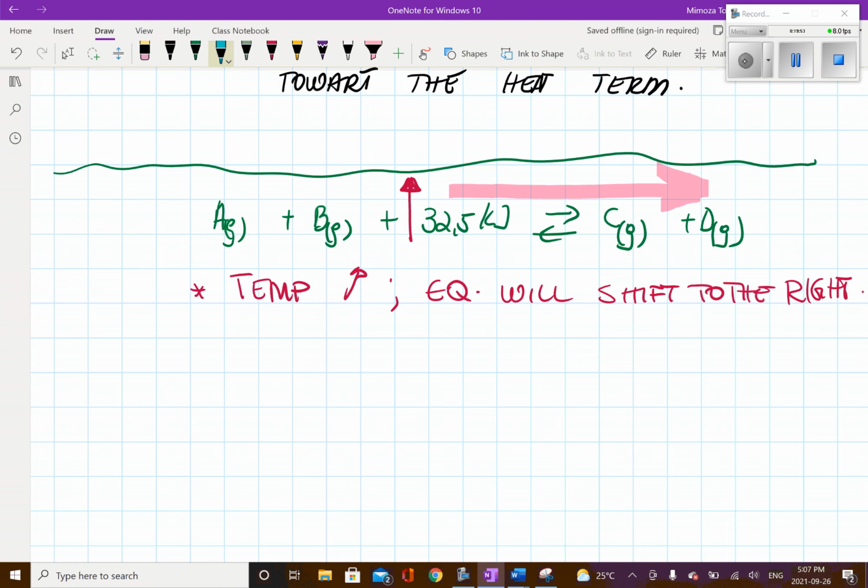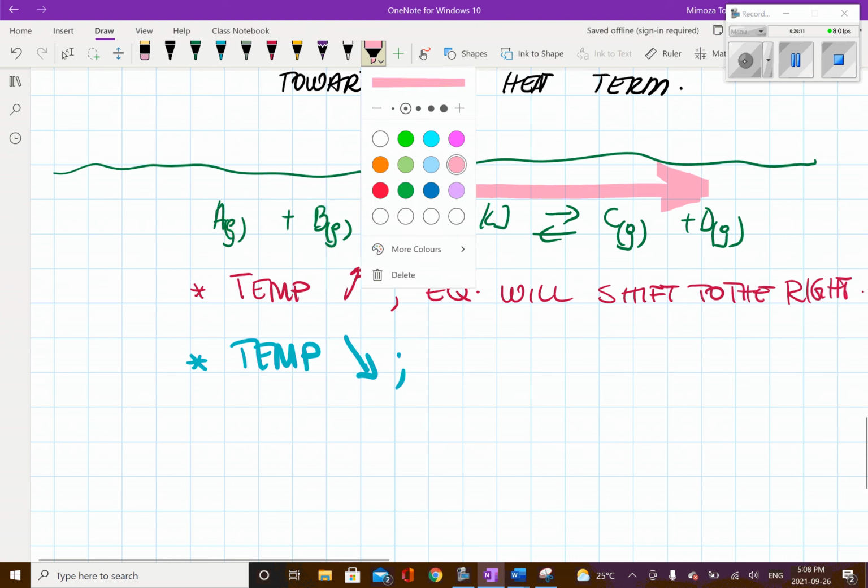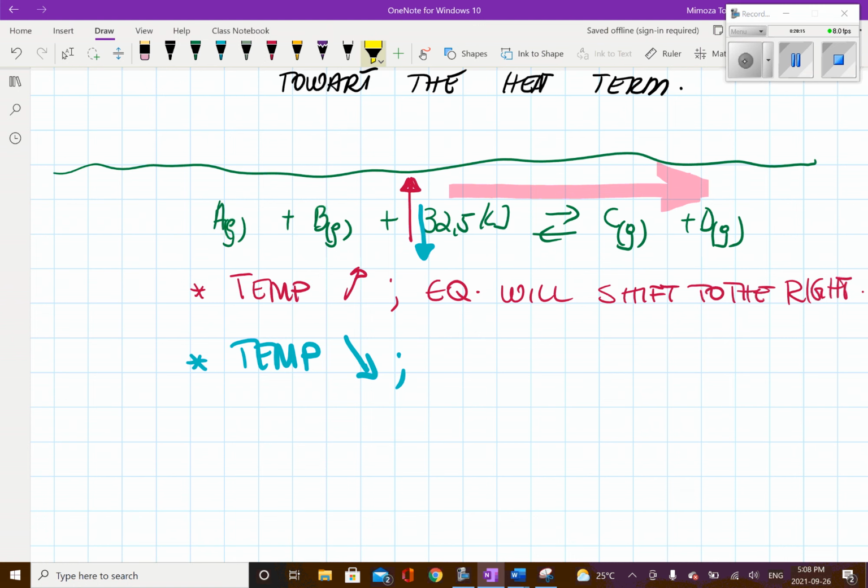However, if the temperature is decreased now, see what will happen in that case. The temperature is decreased, then the system will say, no, no, no, I want the same thing. So I will try to undo what you did to me.